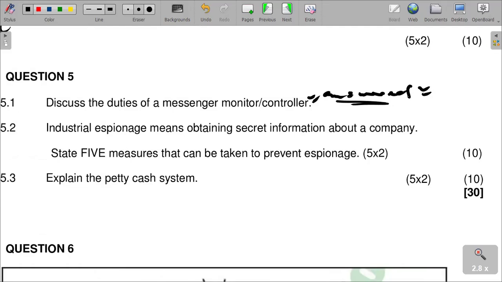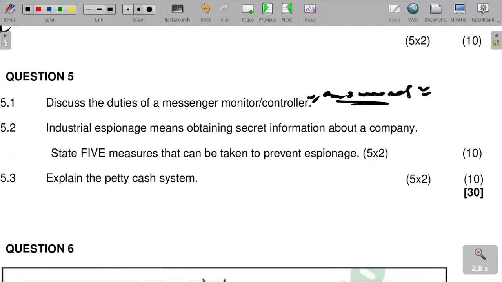Industrial espionage means obtaining secret information about a company. State 5 measures that can be taken to prevent espionage. One, we can protect confidential documents from people who must not get in touch with them.